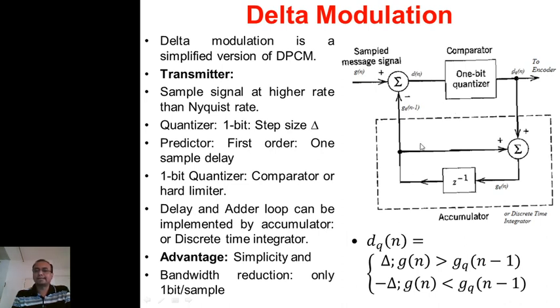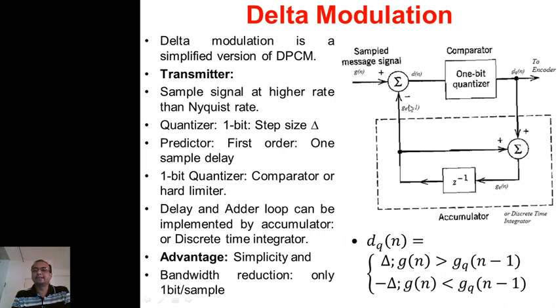Let me say the step size of this quantizer is delta. If my signal d[n], which is actually g[n] minus g_q[n], is greater than 0, that means g[n] is greater than g_q[n-1]. Why is this g_q[n-1]? Because, as we have discussed earlier, this is g_q[n], so this is g_q[n-1].